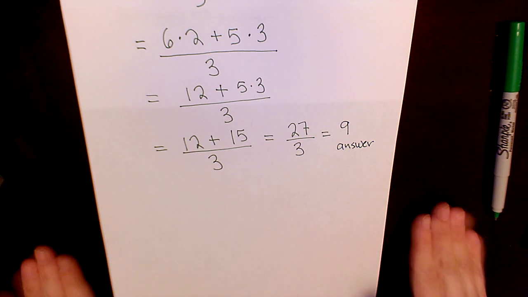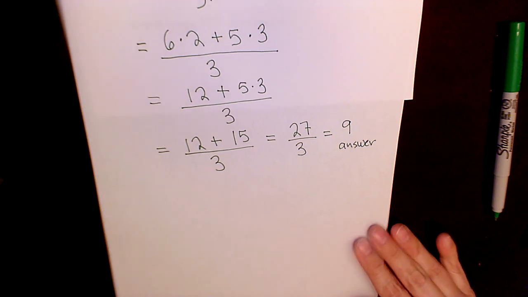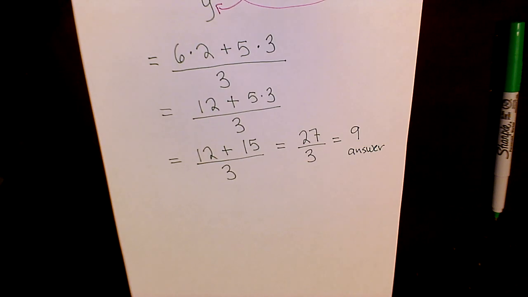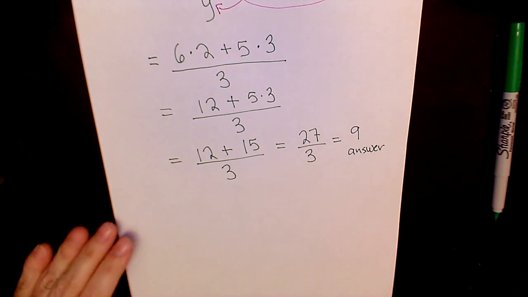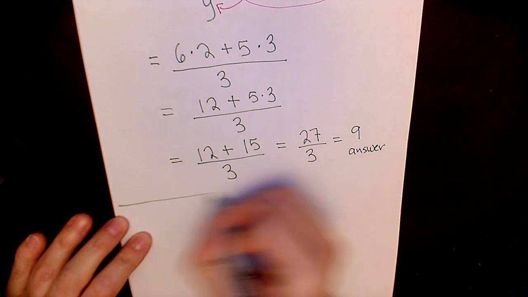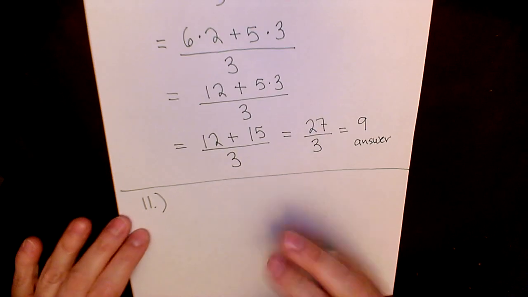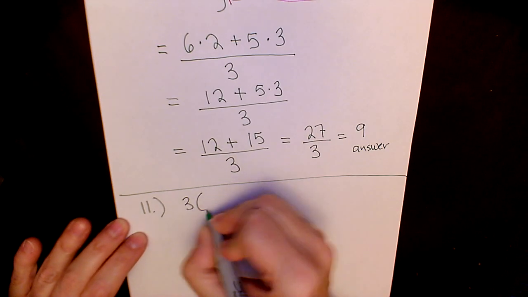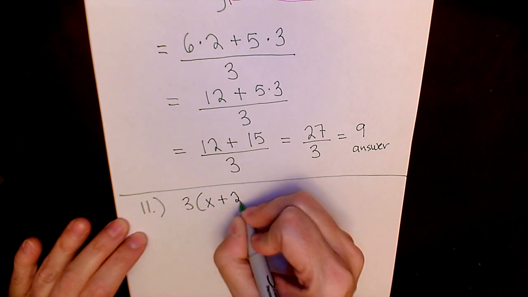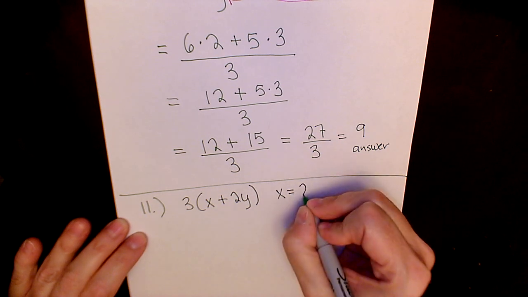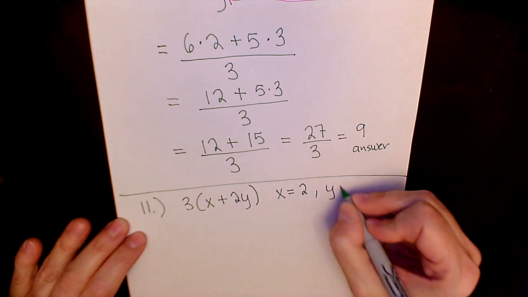So that's the end of page 2, and I believe we have another evaluate problem for the top of page 3, number 11. They're giving me x is 2 and y is 1.